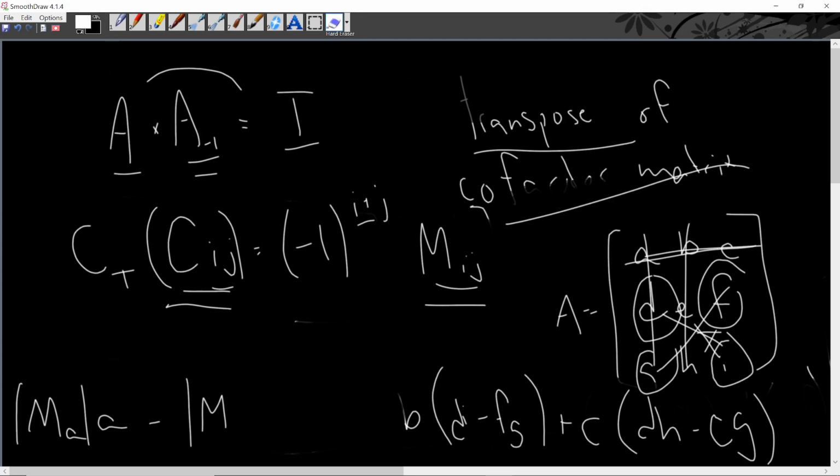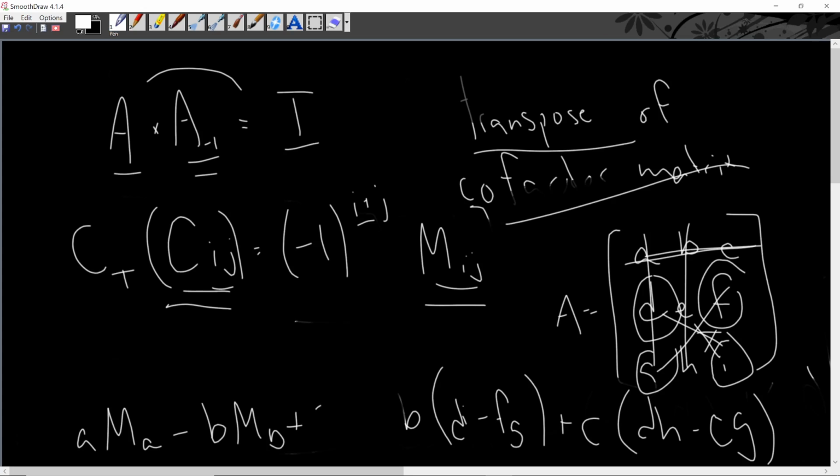It's not the determinant of the minor, what am I saying? It's just the minor, because the minor is already a determinant. So it's going to be just A times MA minus B times MB plus C times MC.